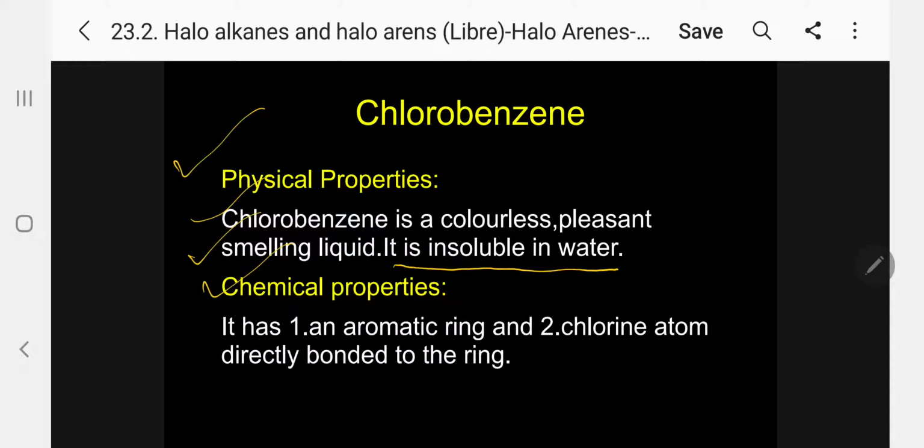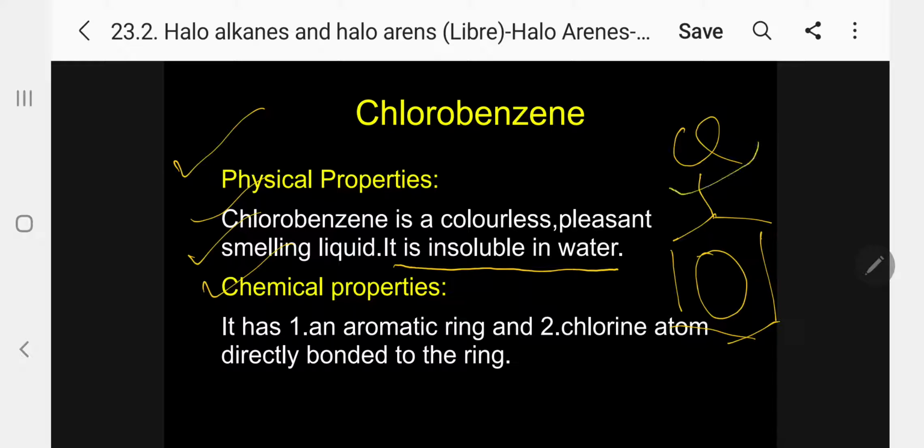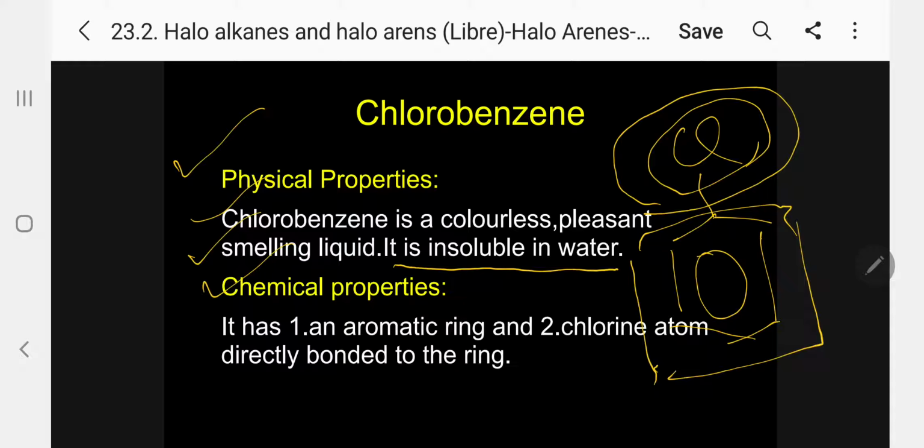Chemical properties. If you take chlorobenzene, kindly follow my dear students, there is a chlorine atom attached to the benzene ring. This is chlorobenzene. So we are now going to classify these reactions into two types: reactions due to the benzene ring alone, substitution, and reactions due to the chlorine atom alone. It has an aromatic ring and a chlorine atom directly bonded to the ring.